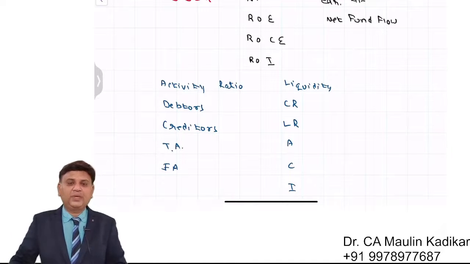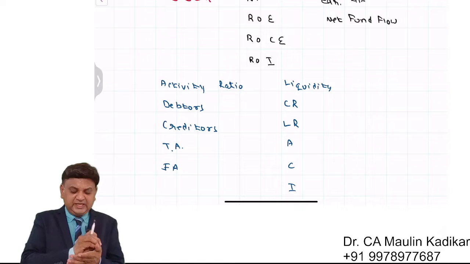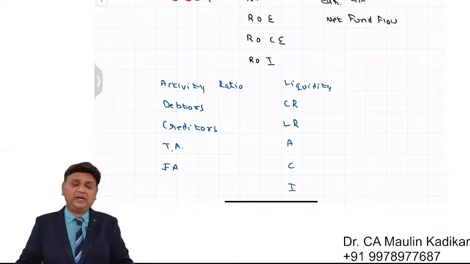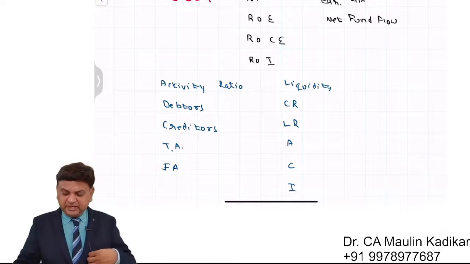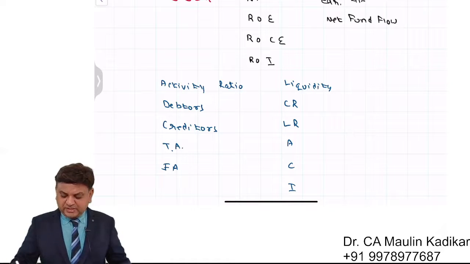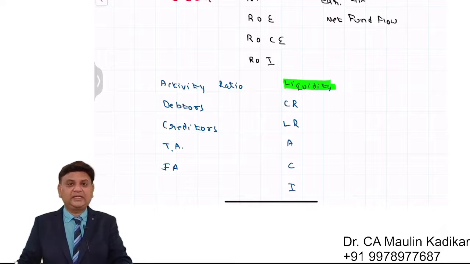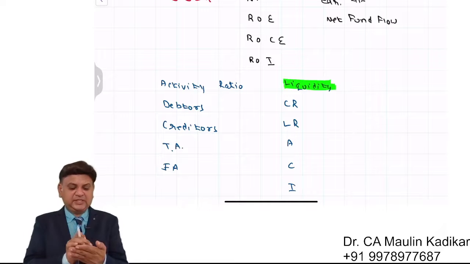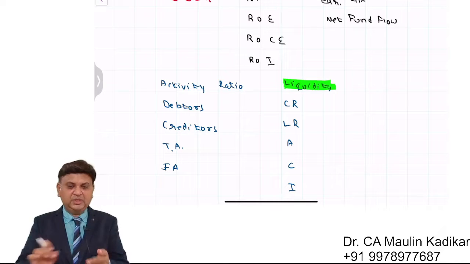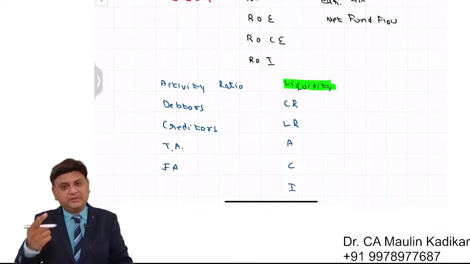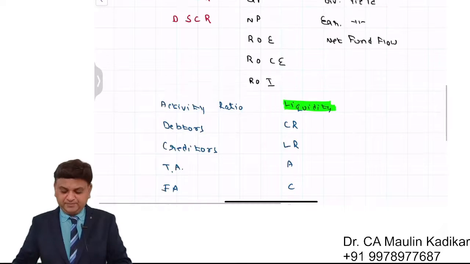What I want to tell you is that there may be different purposes with which you are making the calculation of the ratio. Say, suppose one of your customers is approaching you and asking, I want to buy goods from you on credit. Then in that case you will see how are the liquidity ratios, and based on that you will draw conclusion whether goods should be sold to that company on credit or not.